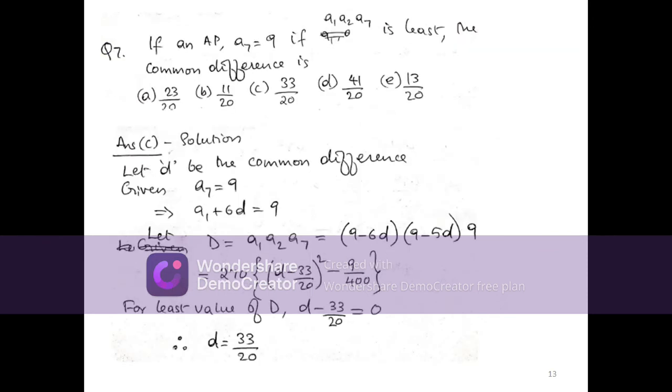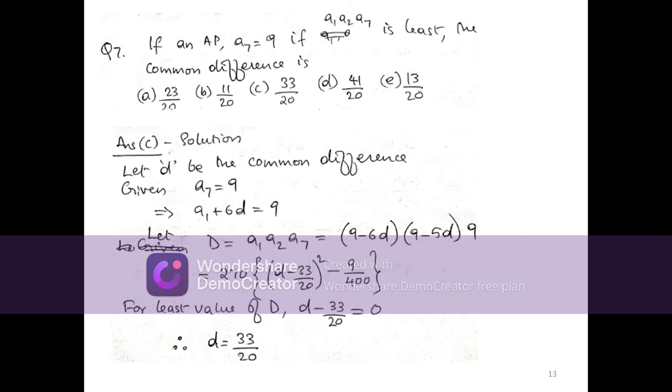If in an arithmetic progression, a7 equal to 9, and if a1 into a2 into a7 is the least, the common difference is... So in an arithmetic progression, say a1, a2, a3, a4, up to an, it is an arithmetic progression.